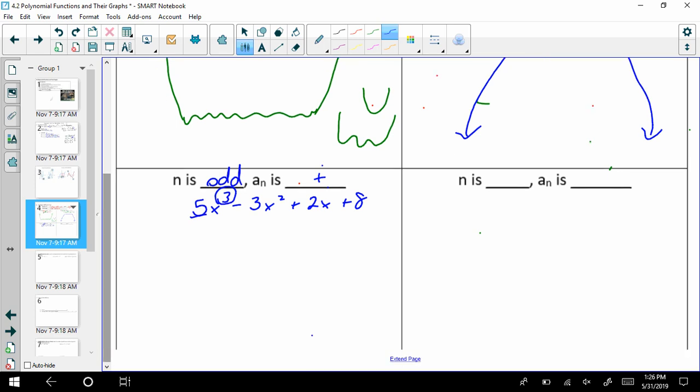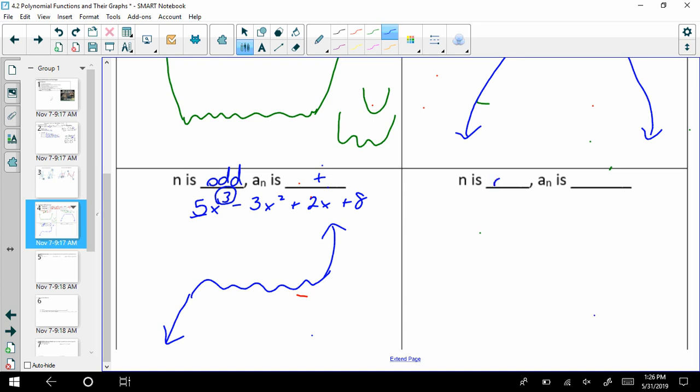Well, if you see the word odd, I want you to think opposite. So this means the ends are going to go opposite ways. And since the number out front is positive, I want you to think it's rising from left to right. So the ends are going to do this. The left is going to fall and the right is going to rise. In between, I'm going to draw a squiggle. I don't quite know what it's doing in between, but I know the ends are guaranteed to do that.